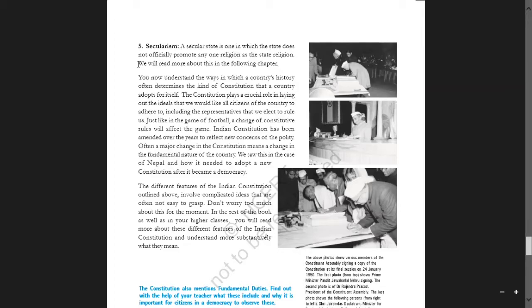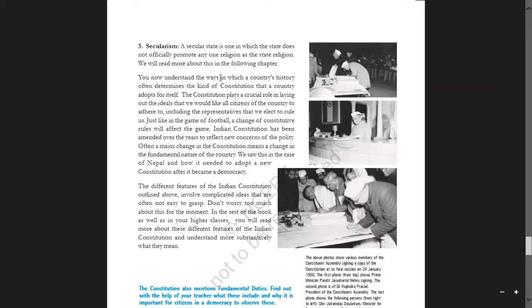Here there should not be any partiality in the matter of religion. We will read more about this in the following chapter.